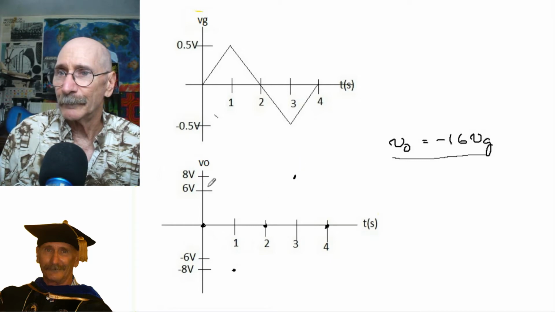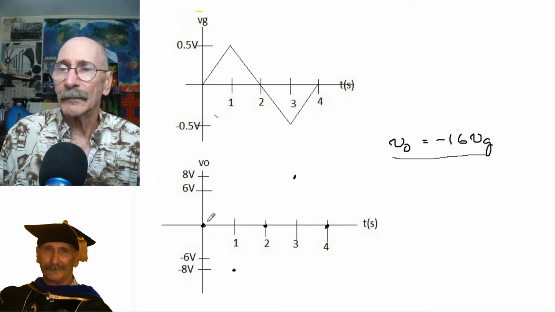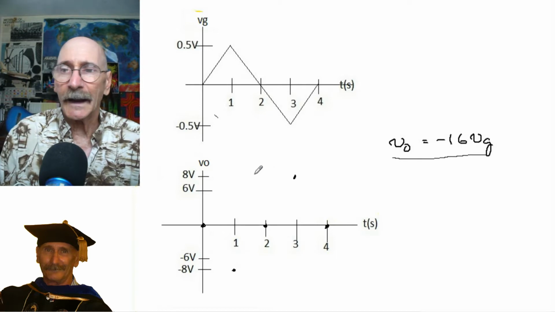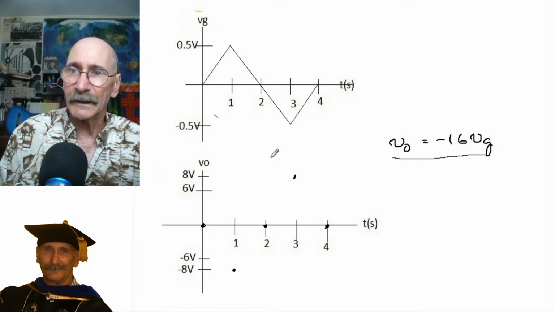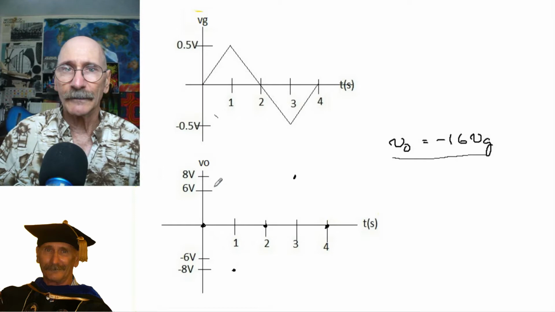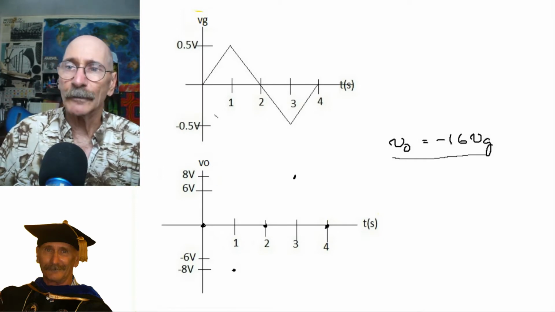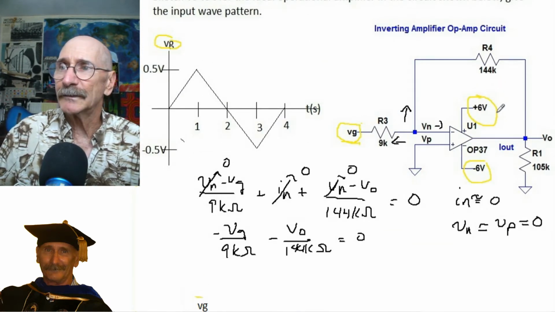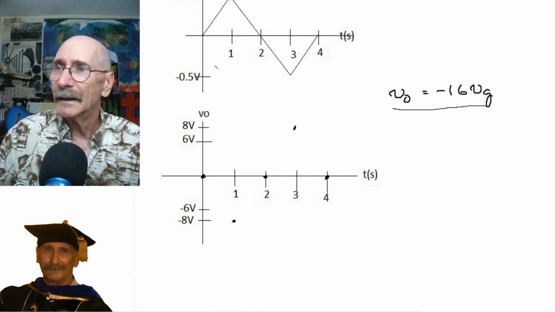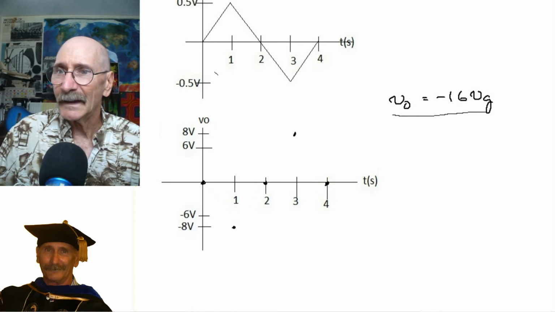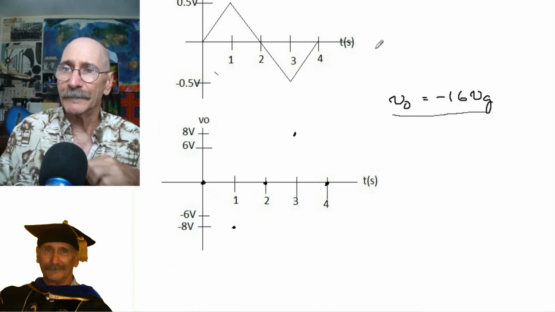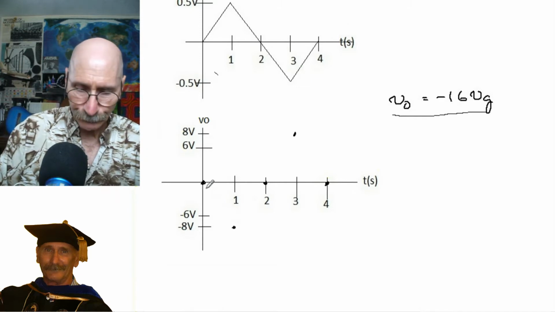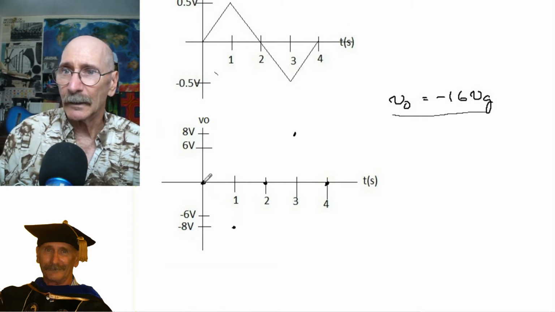You may be wondering why you see the 6 and the minus 6 rather than 8 and minus 8. The reason is that the circuit is limited by the supply voltages. We can't produce 8 volts because our supply voltage is only plus and minus 6 volts. Normally this curve would go all the way down, but it's not going to.